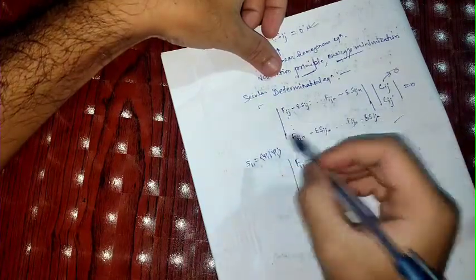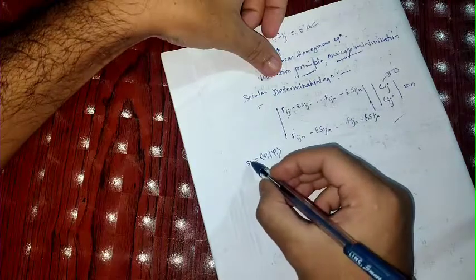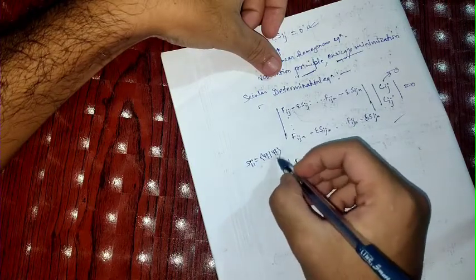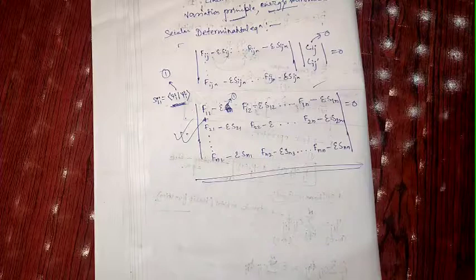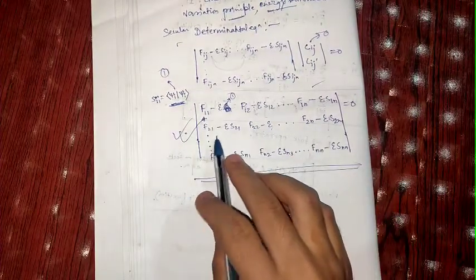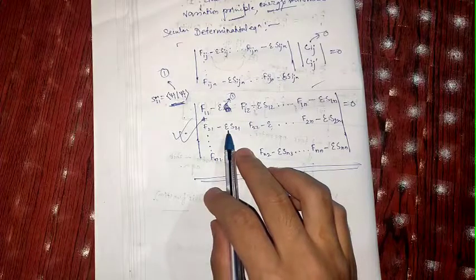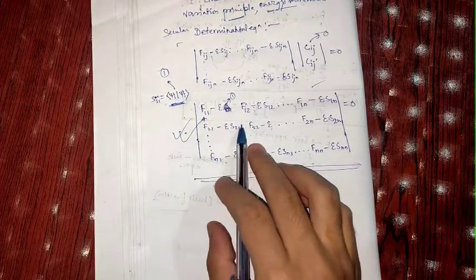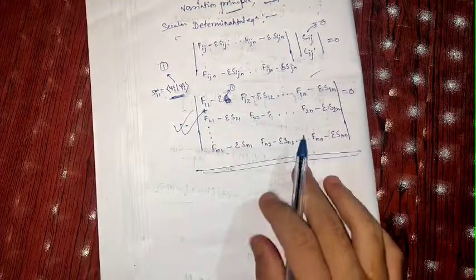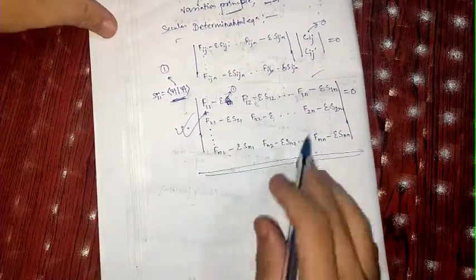Sorry friends, I have to apologize for the inconvenience, because I had already written this one, but I did not know that my video had turned off at that time. I was going on explaining this part, but I did not know. So again I will explain this part.